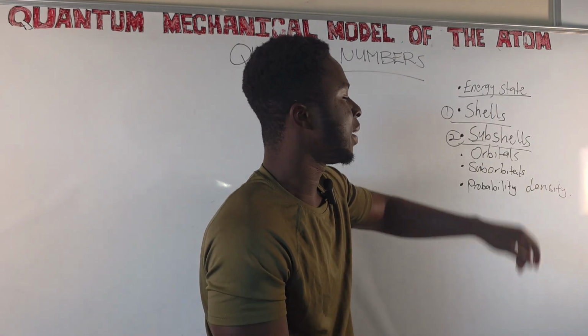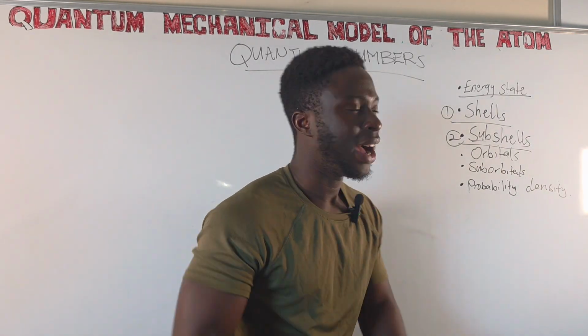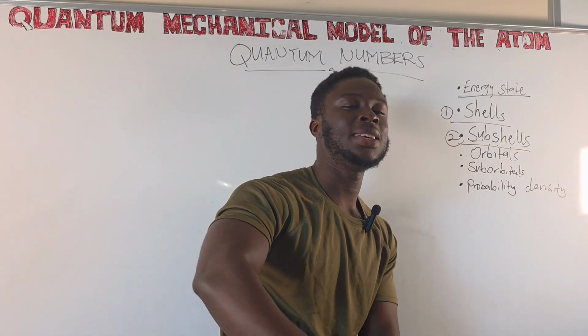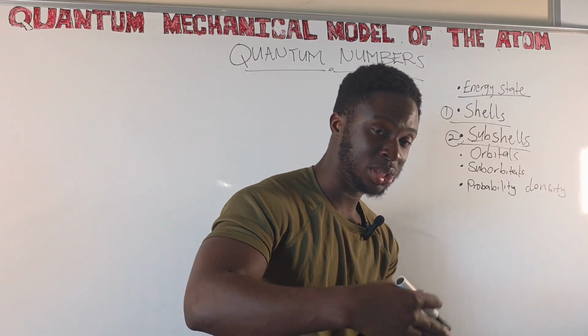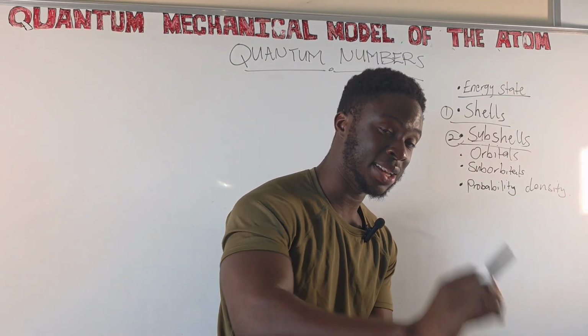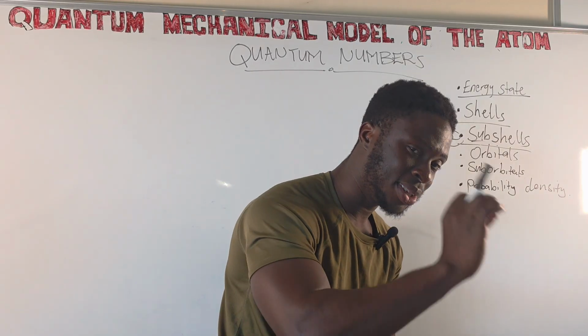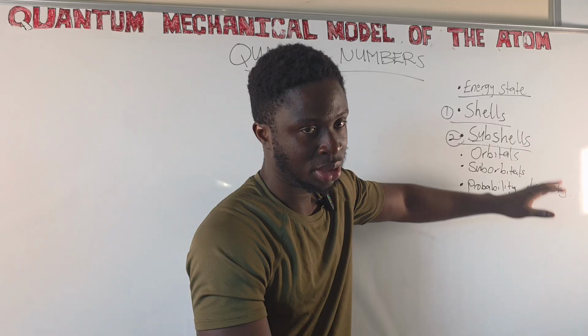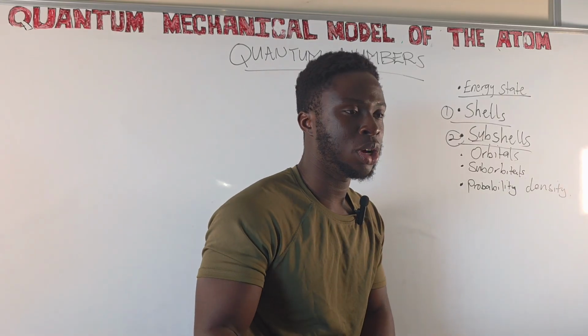And we go to orbitals. Now, orbitals are subdivisions of these subshells. When you take the subshells and divide them into particular energy states or energy levels, then you get orbitals. So you'll get this once you move on.